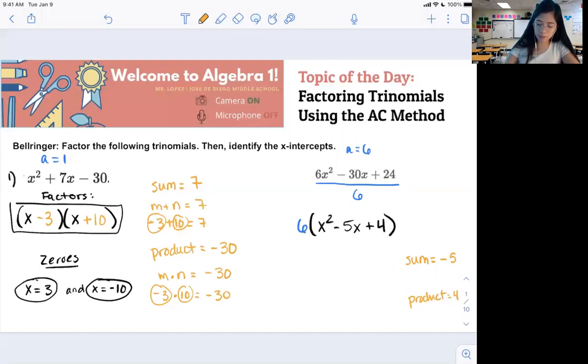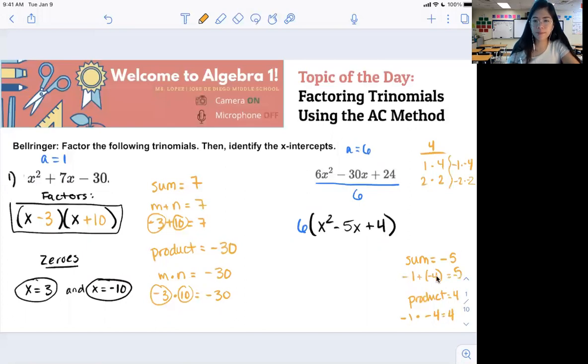So if you do it the long way, we know that we have to multiply to make +4. So the long way would be, okay, 1 times 4, 2 times 2, but we can also have -1 times -4 and -2 times -2. And the correct combination is -1 and -4, because -1 plus -4 equals -5, and -1 times -4 equals +4.